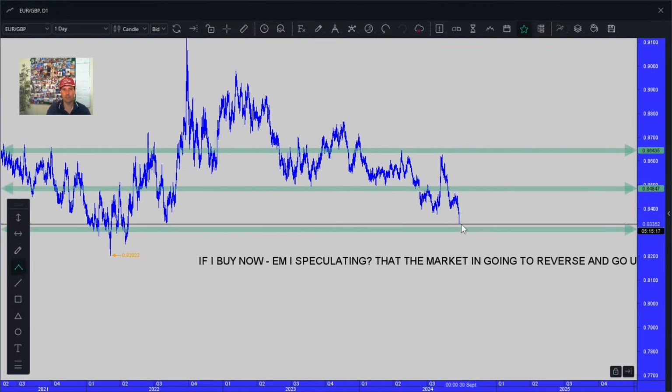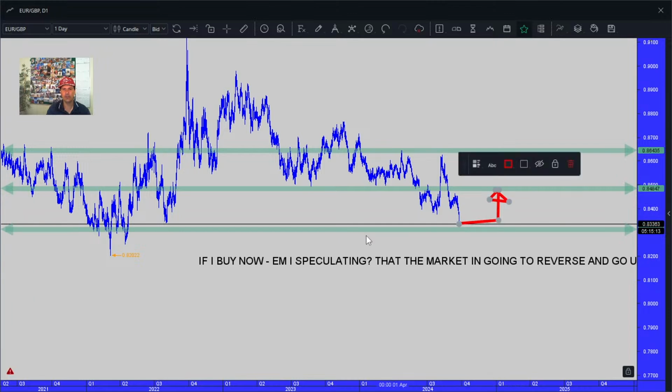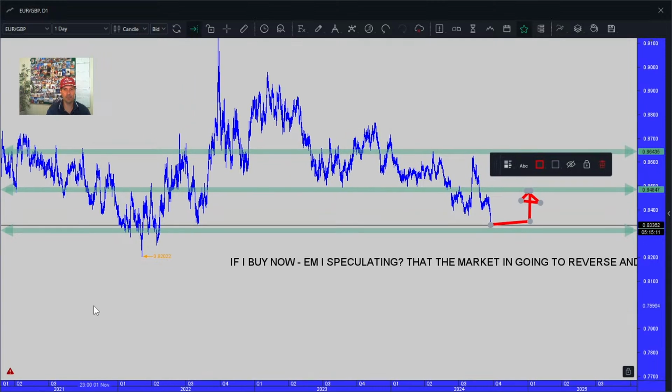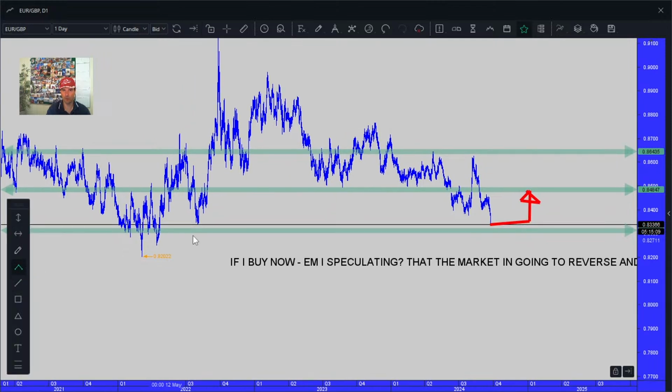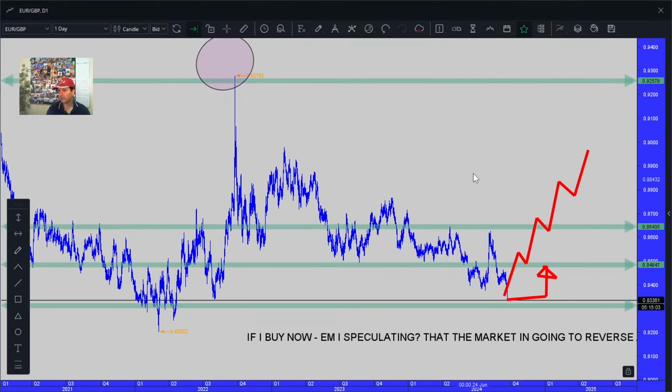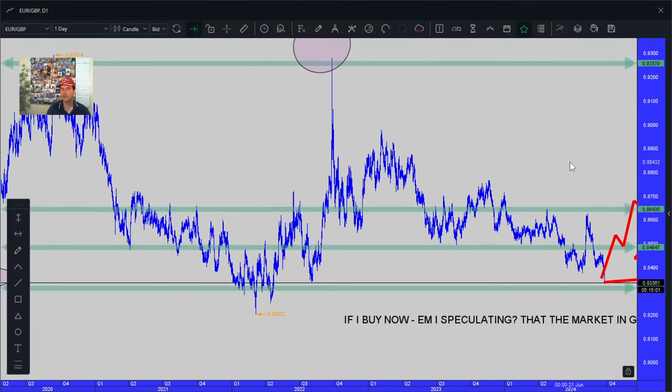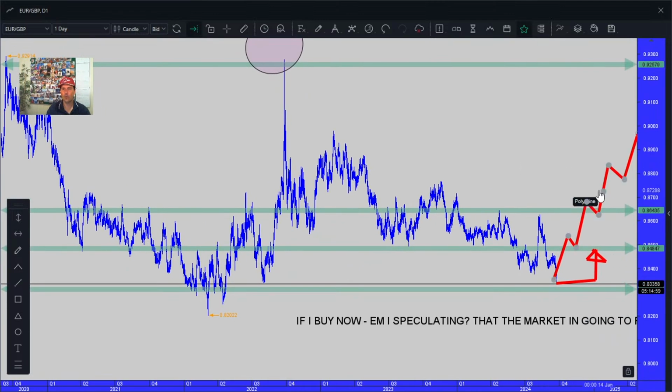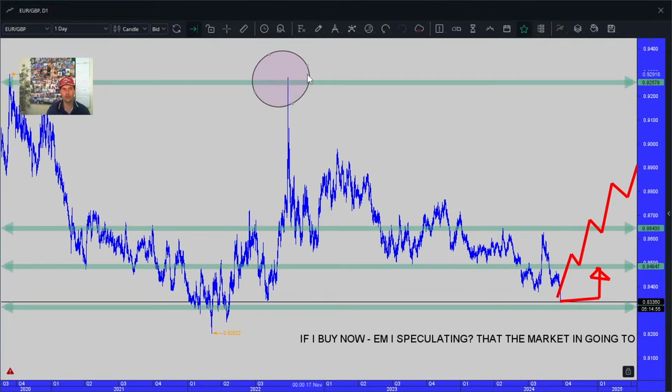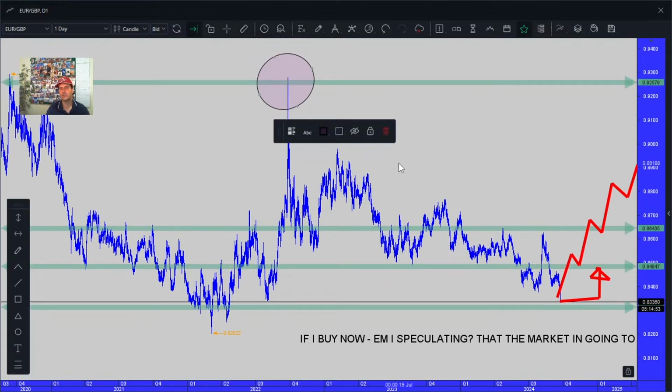If you buy now because you believe, meaning you speculate, that this market is going to go up, you can do this, right? Retail traders. Now, what if you had $2 million or 2 million euros under management?